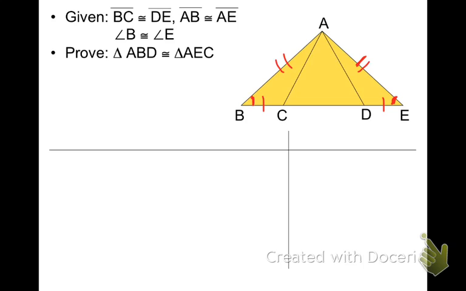Let's draw them so we know what we're looking for. ABD is the first triangle. We want this triangle to be proven congruent to triangle AEC. So they're overlapping triangles, you can see.